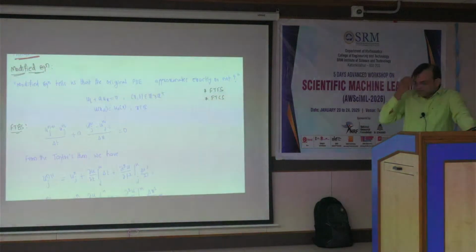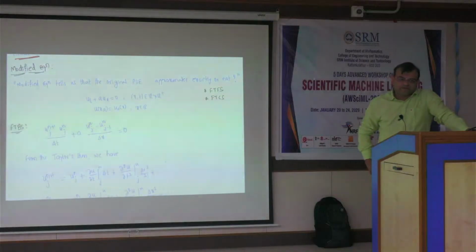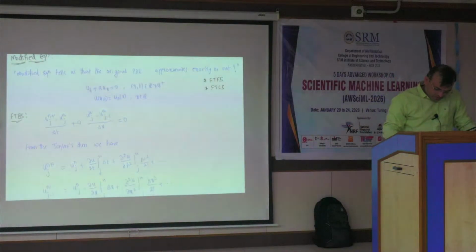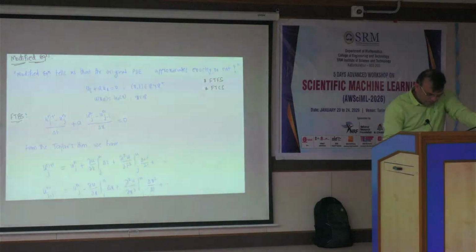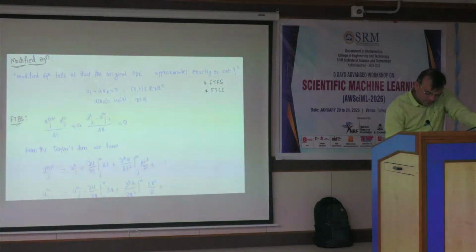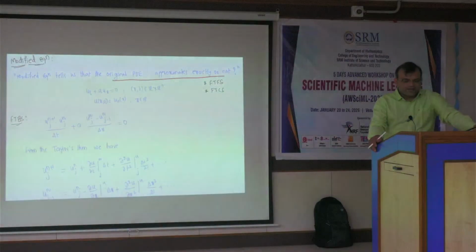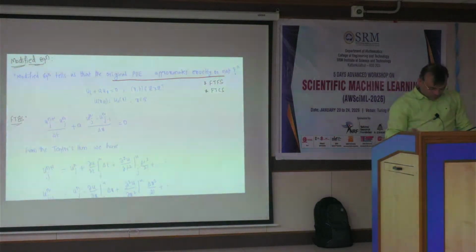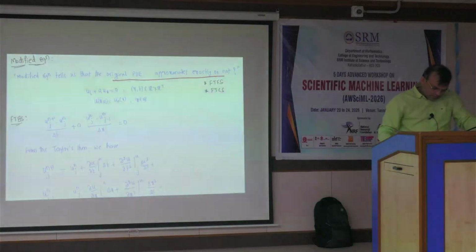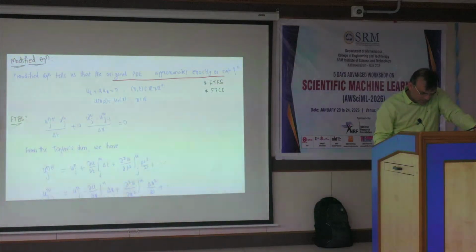So the first thing is we can start with the modified equation. The modified equation tells us whether the original PDE is approximated exactly or not. This is the first question, and the answer to this is the modified equation analysis.